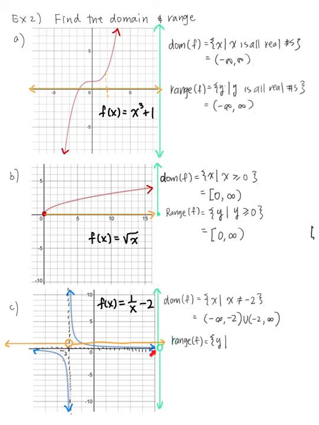Then we have a problem because your graph is never going to touch y equals 0, right? So all you have to do is set of all y such that y is all real numbers, but y cannot be 0. In interval notation, that's going to be negative infinity to 0 open, union, and then open 0 to positive infinity.